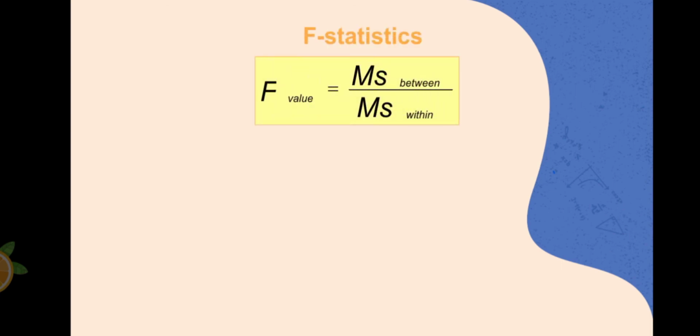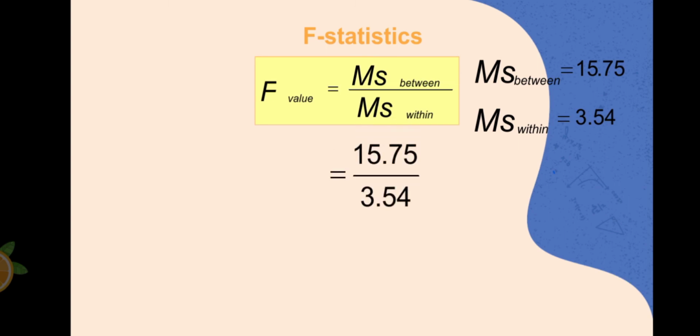So that would be our F value is equal to mean square between divided by mean square within. So this is the value that we had calculated. So we have to divide this through. Now our F value is 4.45.